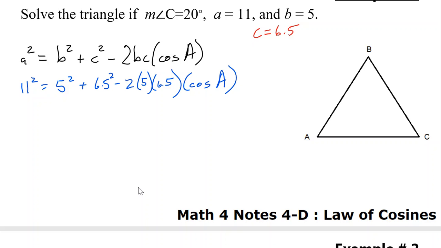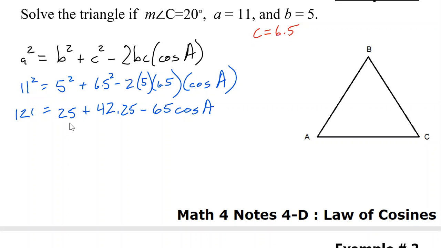Now, let's expand this out a bit, because what is 6.5 squared? It's 42.25, not to be confused with the 42.6 something. We'll let it go. And then 65 would be those put together.